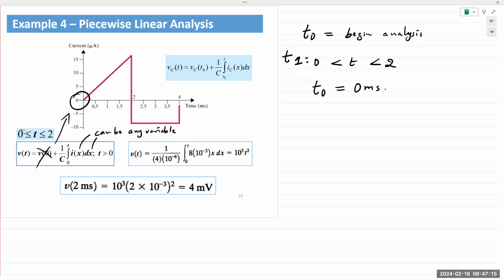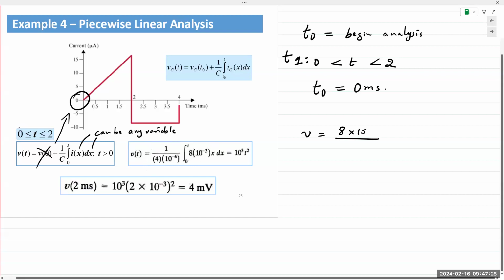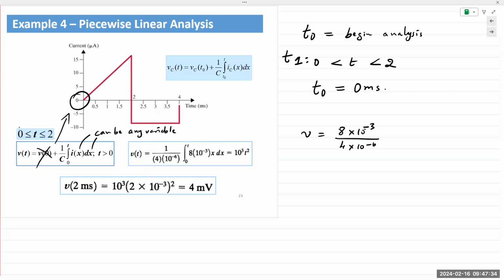Okay, simple integral as far as things go. 8 is a constant, so it comes outside. It becomes 8 into 10 raised to minus 3, divided by 4 into 10 raised to minus 6. And here, of course, it becomes t squared over 2, with limits of the integral 0 to t.